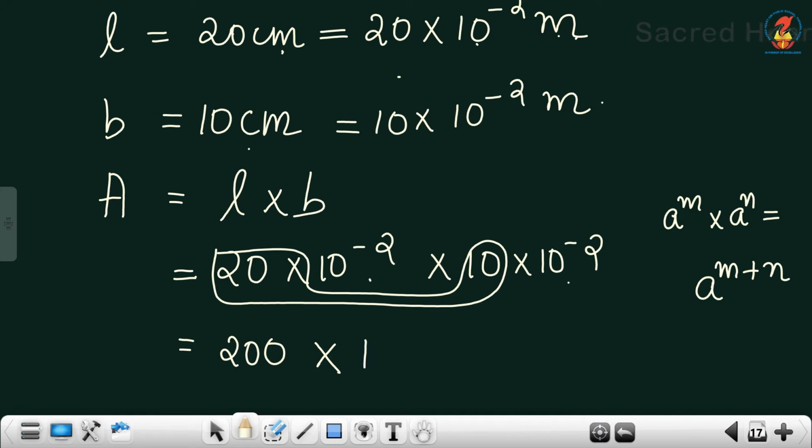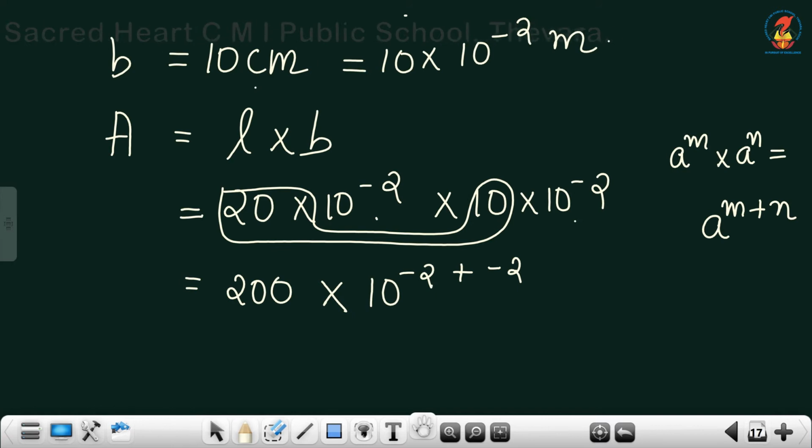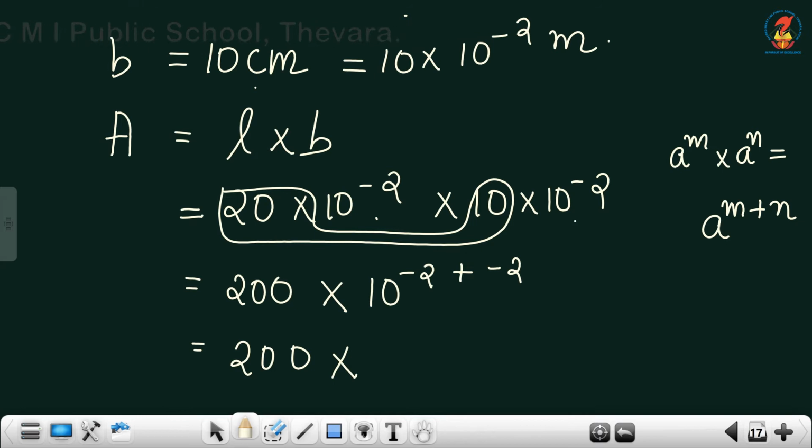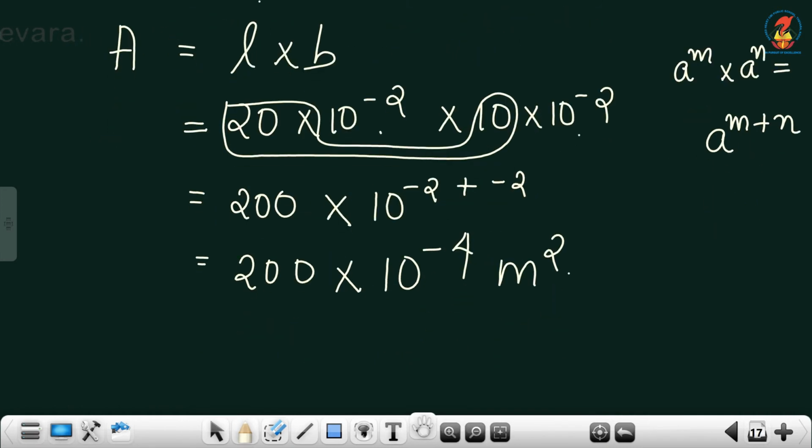So, here we have 10 raised to minus 2 into 10 raised to minus 2, that is 10 raised to minus 2 plus minus 2. That is 200 into 10 raised to minus 4, unit is meter square. This is the area of contact of block A.